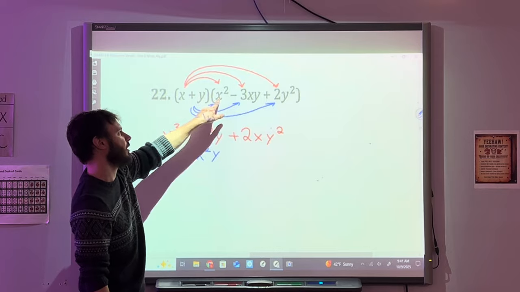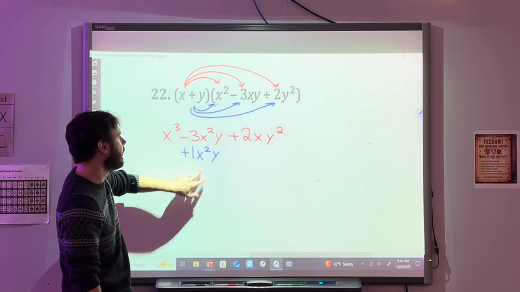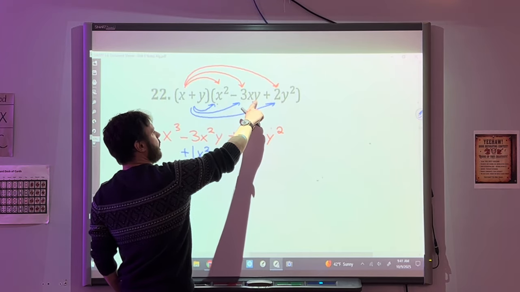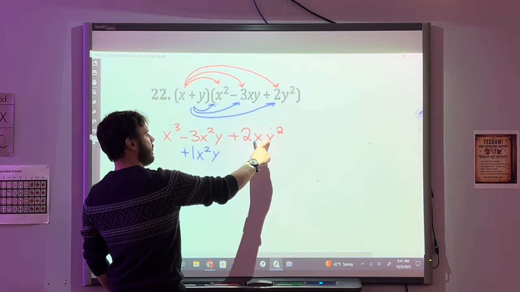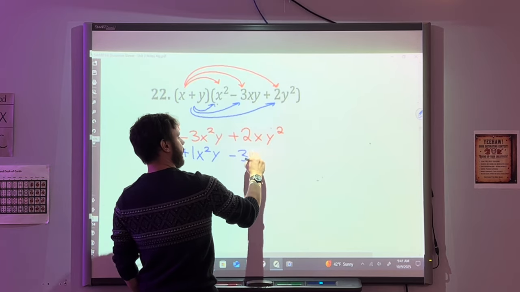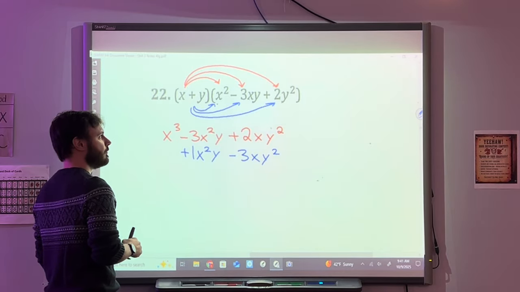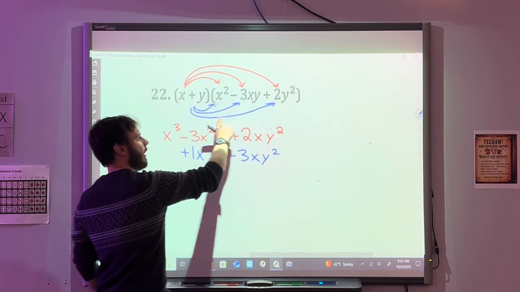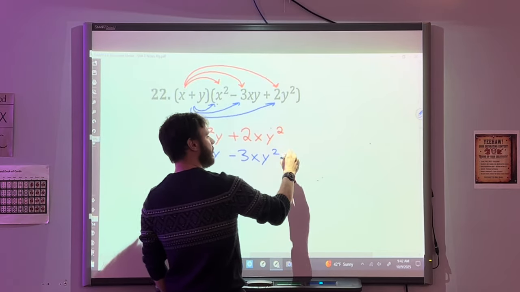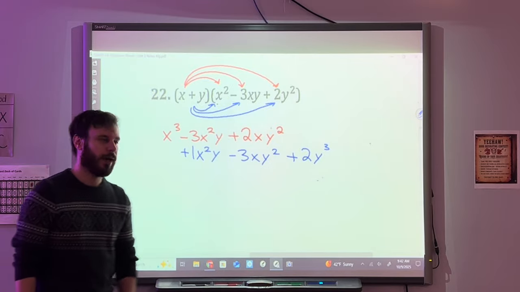Because the y goes with the x squared, that makes x squared y. And now it lines up nicely. I'm gonna give a y to this one. So I'm gonna end up with a y squared. Y squared is right here. And thankfully it already has an x. So minus 3 xy squared. And now for the last one, this y will come over here, creating a y cubed, and I don't have any y cubes, so that's why it goes at the end like that.